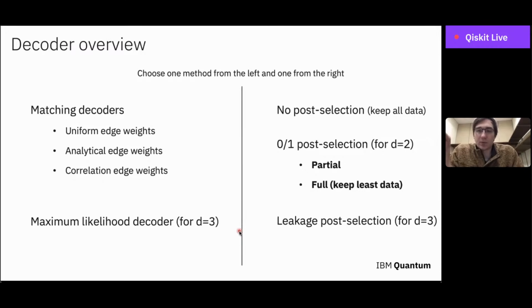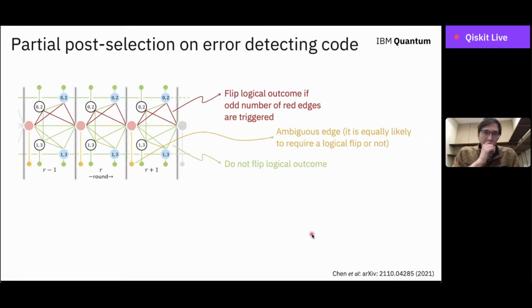Now I'm going to explain how we do some of the post-selection strategies. So obviously the no post-selection is straightforward. Let's just jump to this category 0, 1 post-selection, which is just to differentiate it from the leakage post-selection. Okay, so essentially, I need to explain another property of the decoding graph, which is that every edge is also colored.